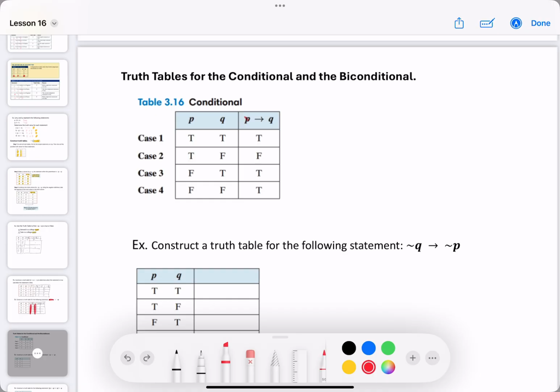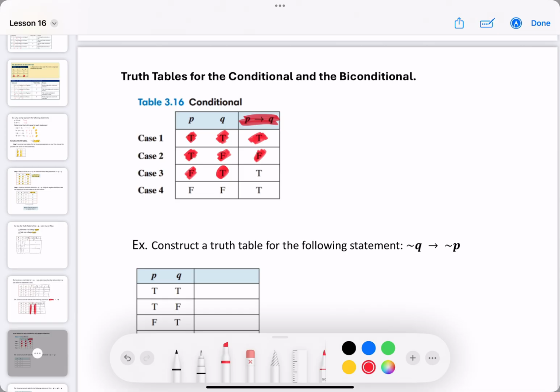So this notation is if P, then Q. If P is true, then Q is true. So this conditional statement is true. If P is true, Q is false. This statement is false.